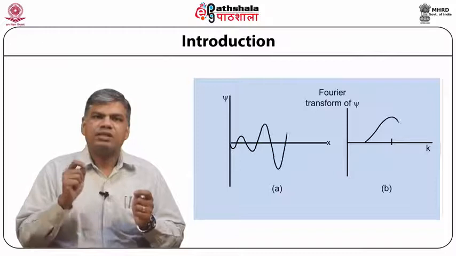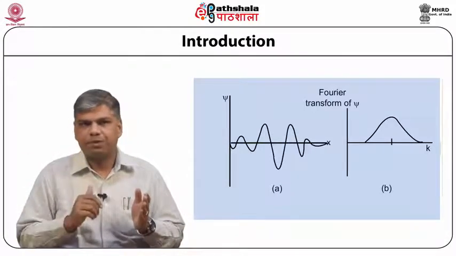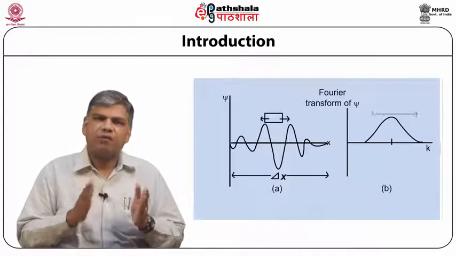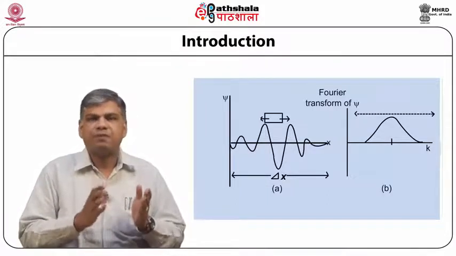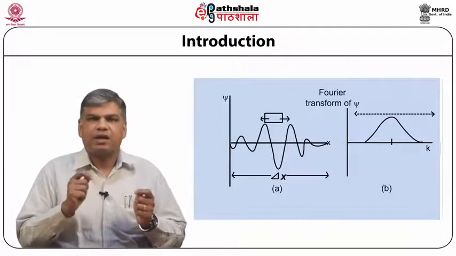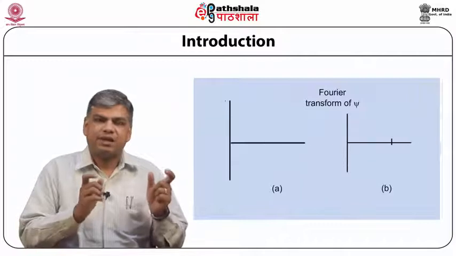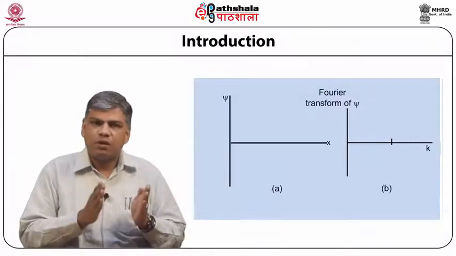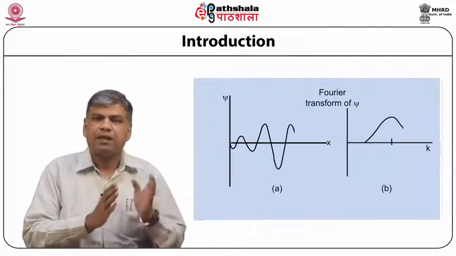So, a typical form of a broad wave packet is shown in the figure. Note that a narrower wave packet is built up by a broad range of wave numbers k. In fact, the broader the delta x in the wave packet, the narrower will be the range of the wave numbers, that is delta k.